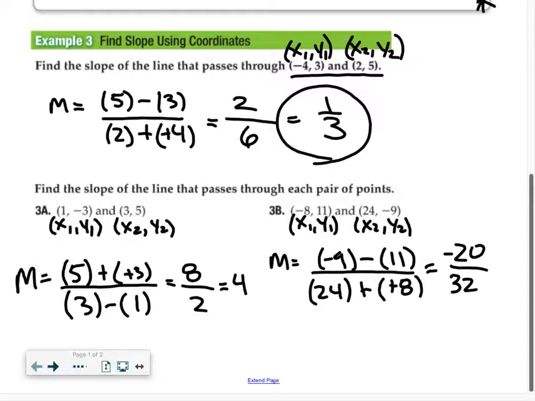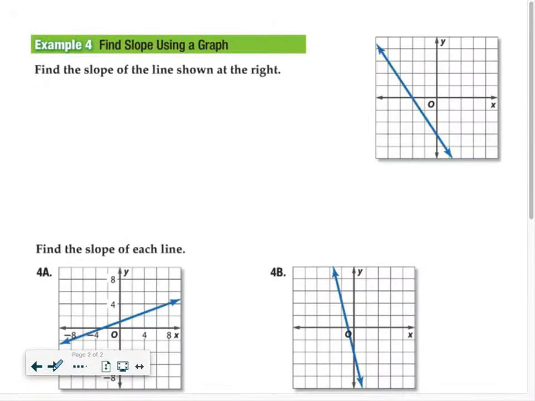This one might be tougher, but just use the GCF or any common factor to reduce it. You could use 2. 4 also works, so 4 is the GCF. 4 goes into 20 5 times, and 4 goes into 32 8 times. So negative 5 over 8 is the slope of that line. Alright, so that's using the formula.